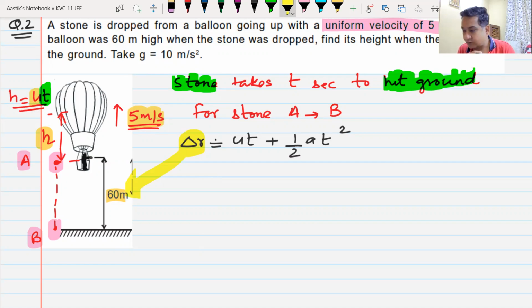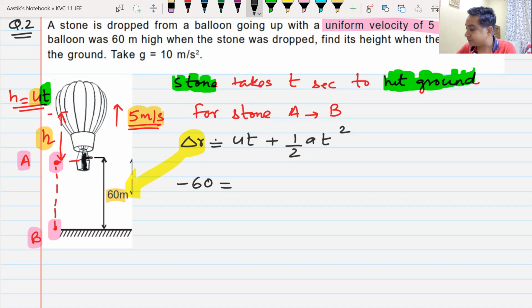Vector. 60 meters from A to B. Sir, minus 60 meters. Why minus? Downwards, sir. Okay, good. So it is minus 60 meters. Well done. So I write it as minus 60.